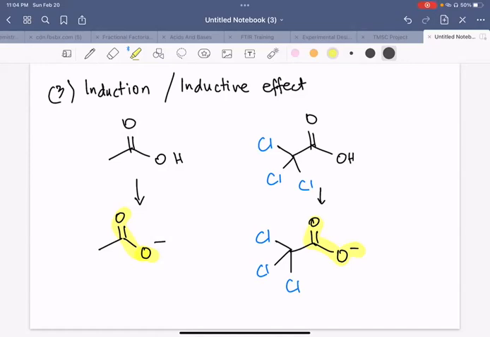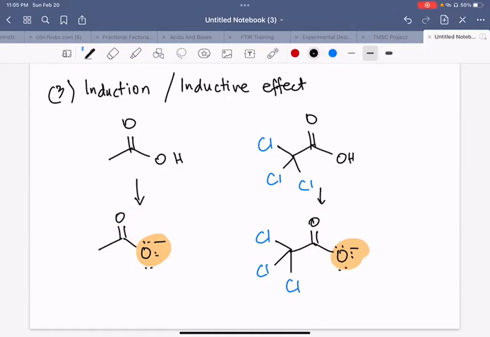So, of course, here, if we compare the conjugate bases, we can say that this part here is the portion of the two conjugate bases that has a large electron density, because this is negatively charged. You have lots of electrons there. Here, this is the portion of the structure with many electrons.